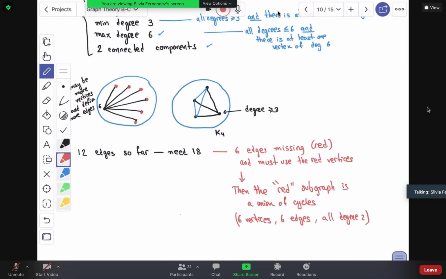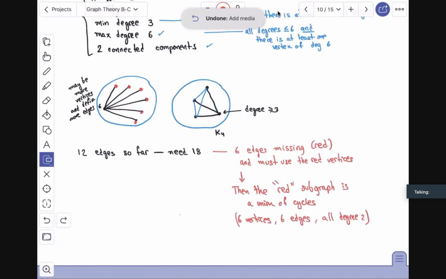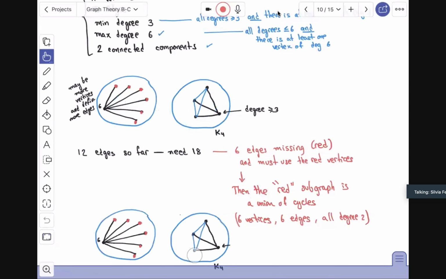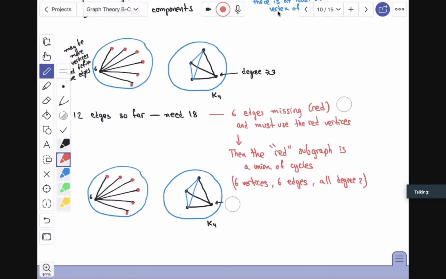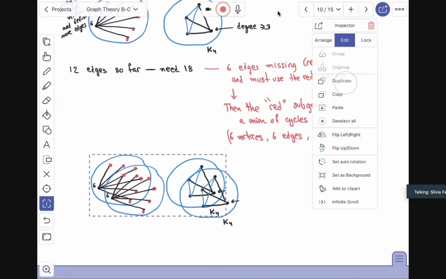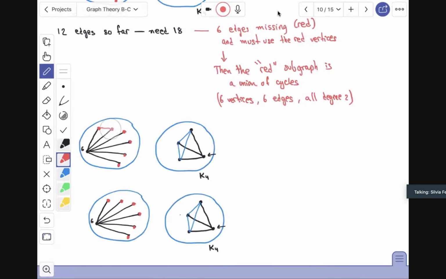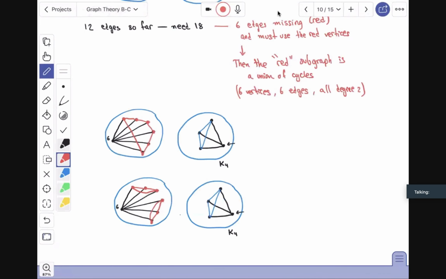So my only 2 graphs are, let me copy this, that one with a C6 for the red vertices, and the other one with a C3 for the other vertices. So this or that. That's it. This one is a C6, just the red part, and this is 2 C3s, just the red part.